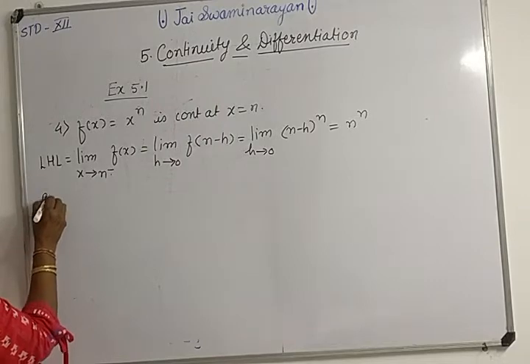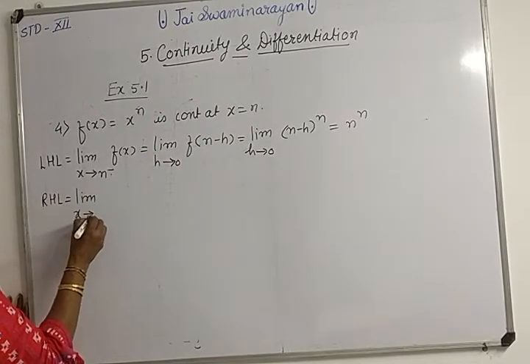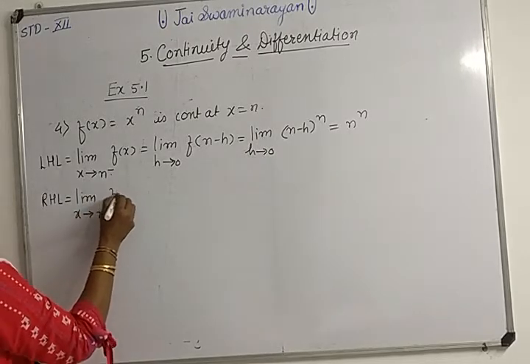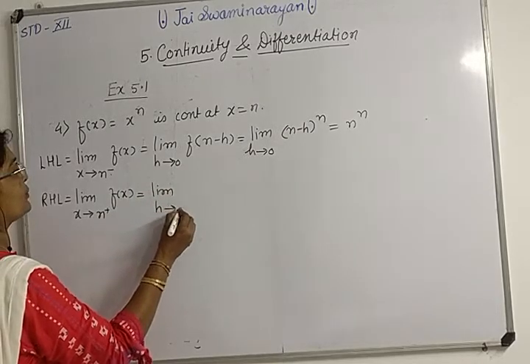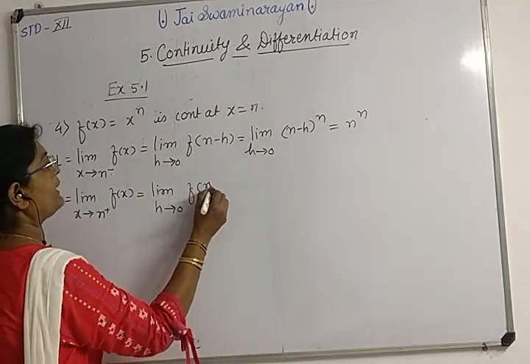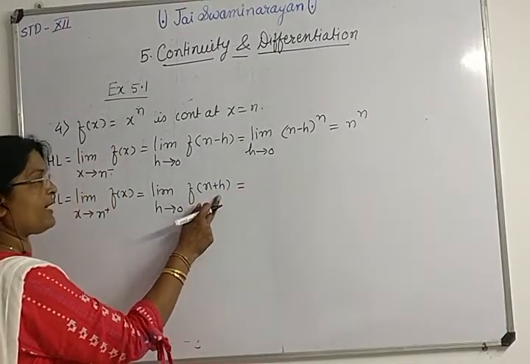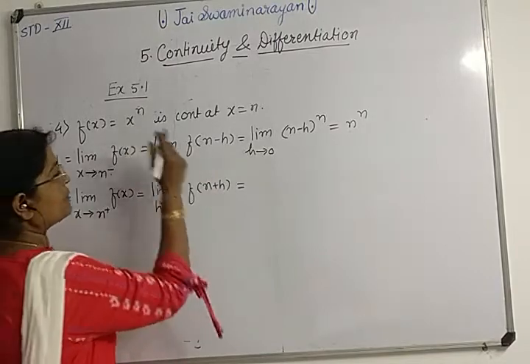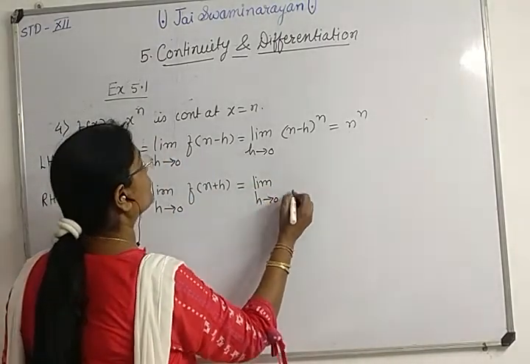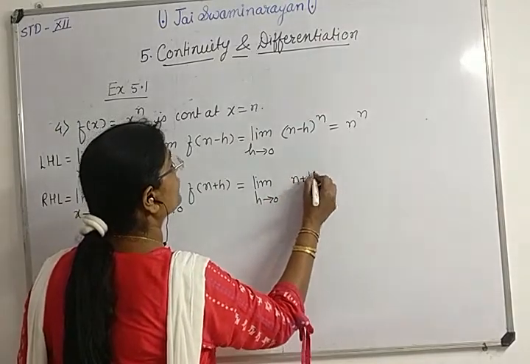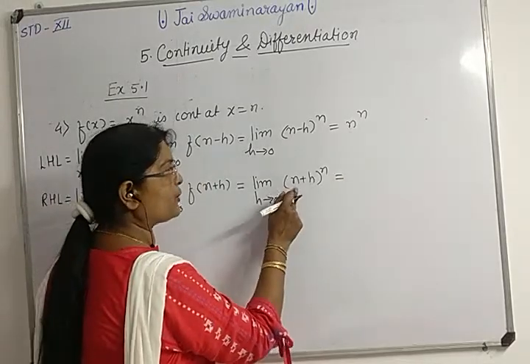Then find right hand limit equal to limit as x tends to n positive of f of x equal to limit h tends to 0 of f of n plus h. We have to put the value of x as n plus h. So it is limit as h tends to 0 of n plus h to the power n. The value of h is 0, so it is n to the power n.